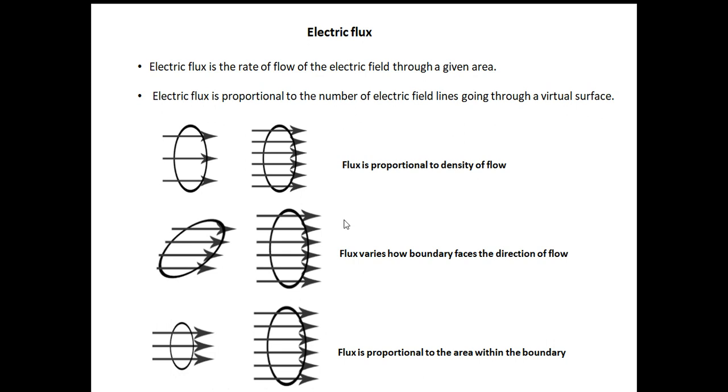Imagine a water flow, and if water is flowing like this and you have something here, that is what is called flux. If you get confused, imagine a water flow and just keep some ring or something and see how water flows through that ring and imagine all these cases, or you can do it practically and see how the flux changes.